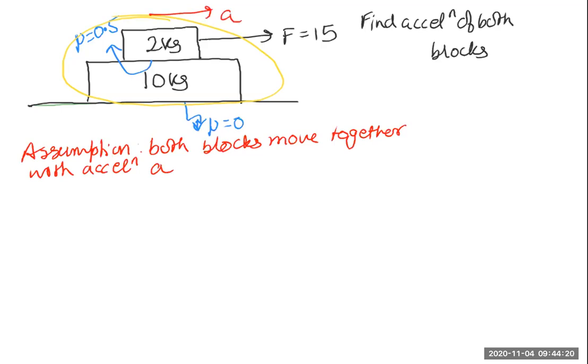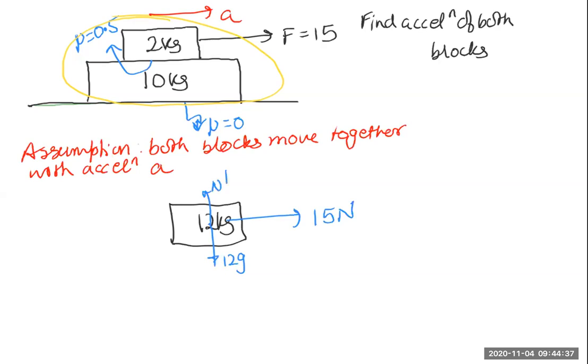So for all practical purposes, I have the 12 kg block, on which a force of 15 newtons is applied here. The other vertical forces are 12g and an N dash, which I am not really bothered about.